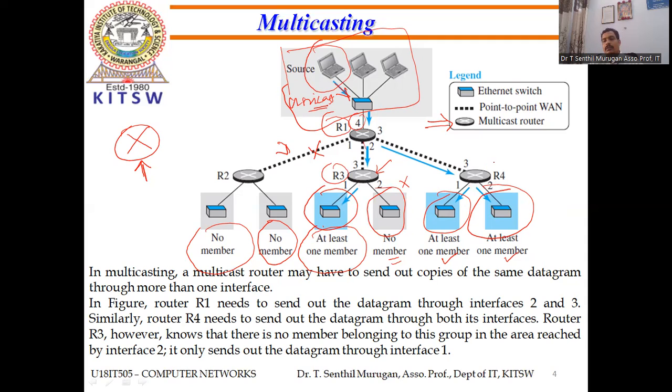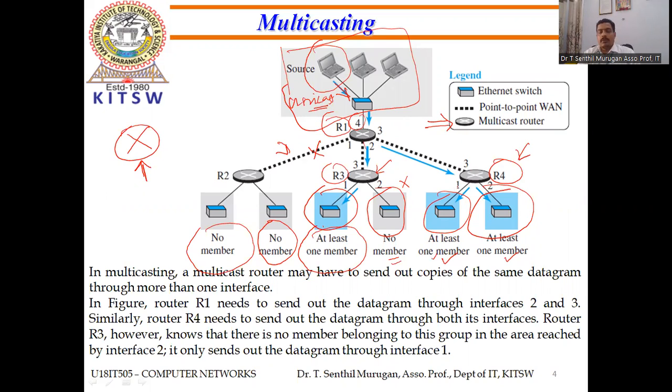Here in router 4, we have two networks, and those two networks also have members of that group. Just imagine your WhatsApp group. You may be in one group, and your friends may be in some other group. If your friend is in that group, you also get the message. When you send a message to your friend, that message goes to that particular group.